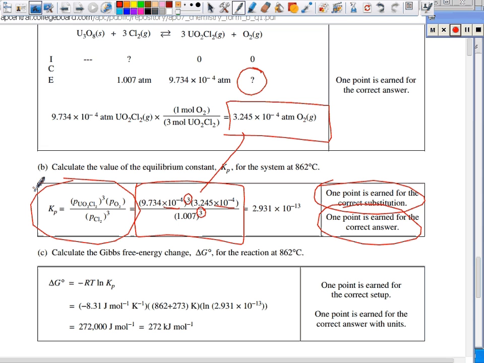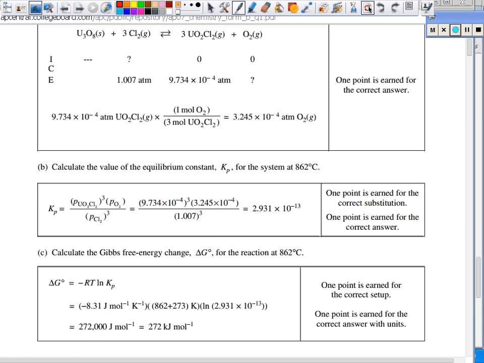Let's say we did do the first part, but we still made up a number. They have to see the logic and reasoning of where that number came from. So let's pretend you picked this number and said it was 1.007, and you did this ratio. And what was the number? 0.336, I think.